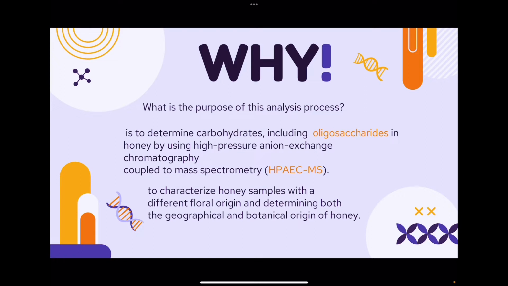But the study that we are conducting our research on was aimed at determining the type of carbohydrates in honey sample, especially oligosaccharides, because they are used to determine the origin of the flower, and this helps to know the geographical and botanical origin of honey.